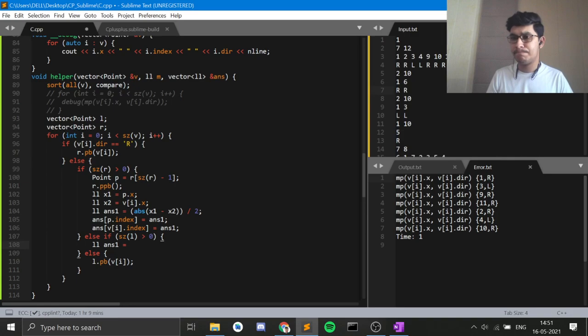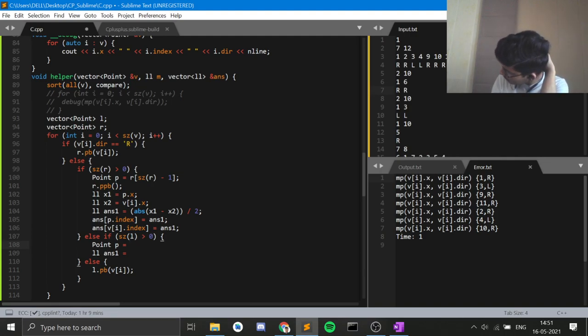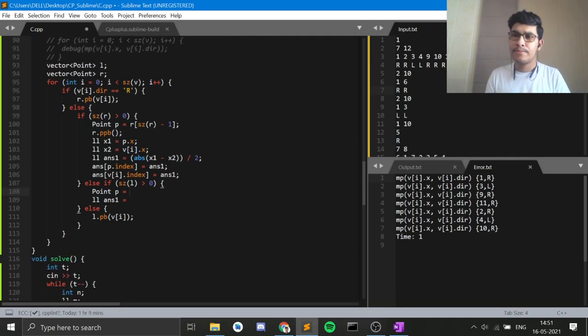Okay, so there can be at max one point in this L vector. That is what I see here. Because they would get neutralized. Yeah, that is great. It can only have one point. So this is fine.